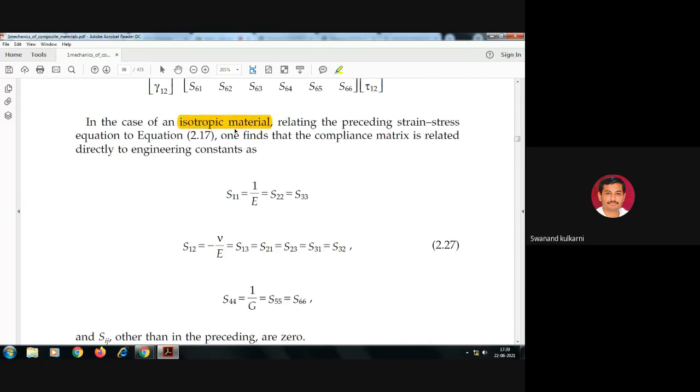For isotropic material, we should understand what S11 and these values are. So here we can understand this particular thing, S11, S22, S33.